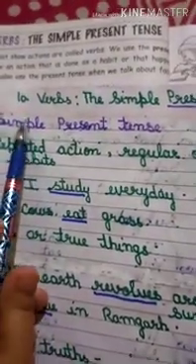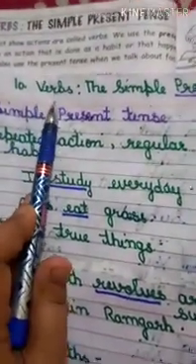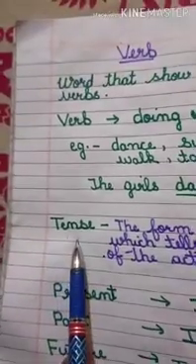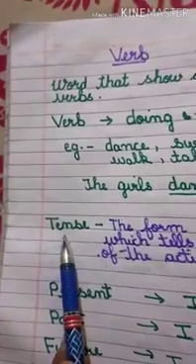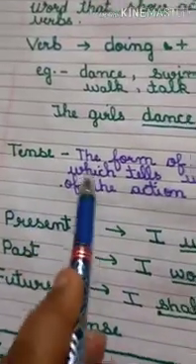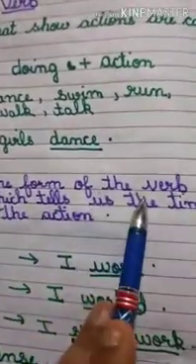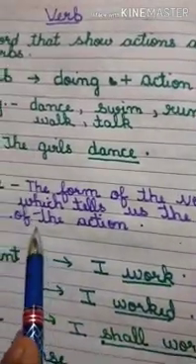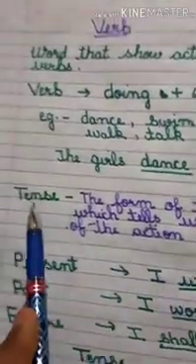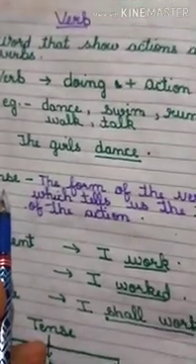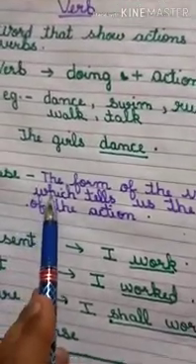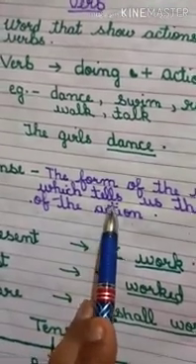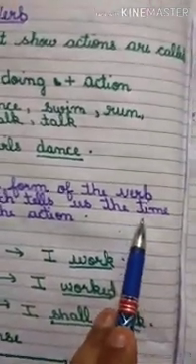So children, today we will learn about verb, the simple present tense. But first, let us know what are tenses. So tenses are the form of the verb which tells us the time of the action. Tenses are simply the way we talk about time.